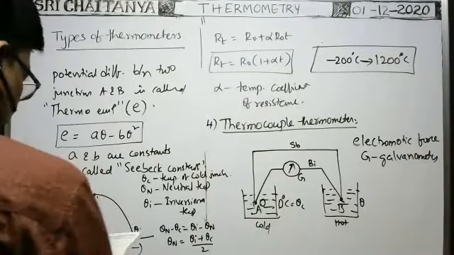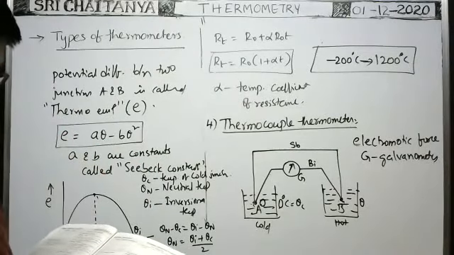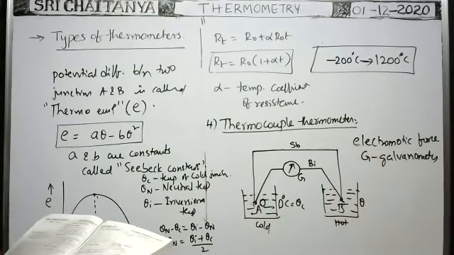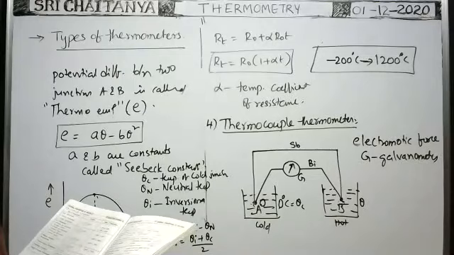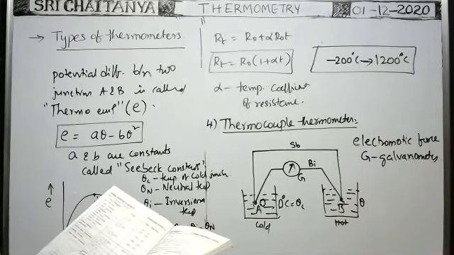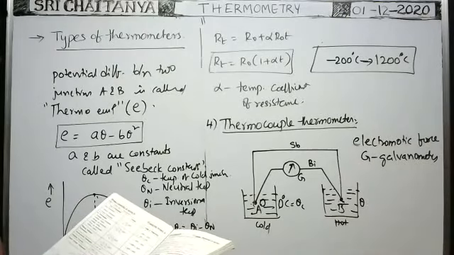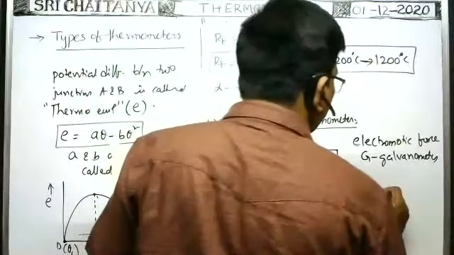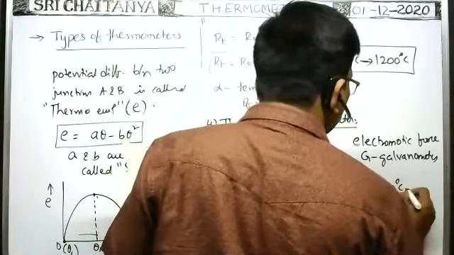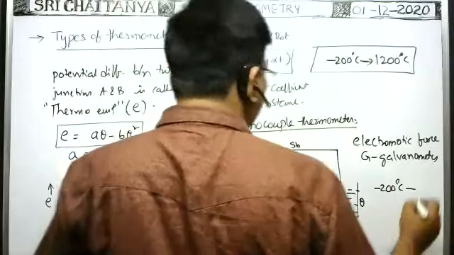Now, with the help of these thermocouple thermometers, or thermoelectric thermometers, we can measure temperatures accurately from minus 200 degrees centigrade to 1600 degrees centigrade.